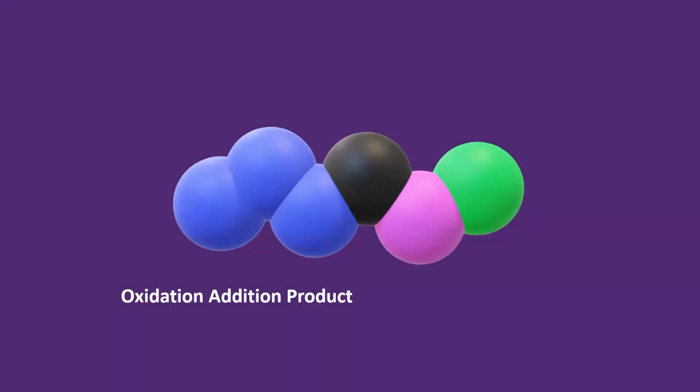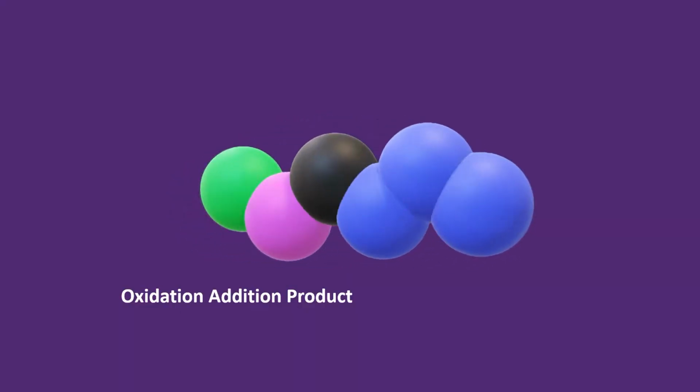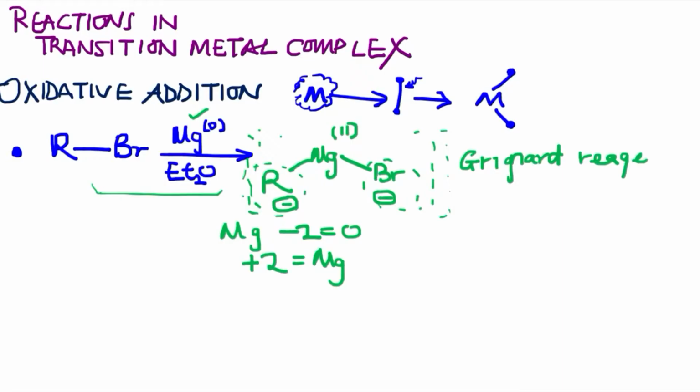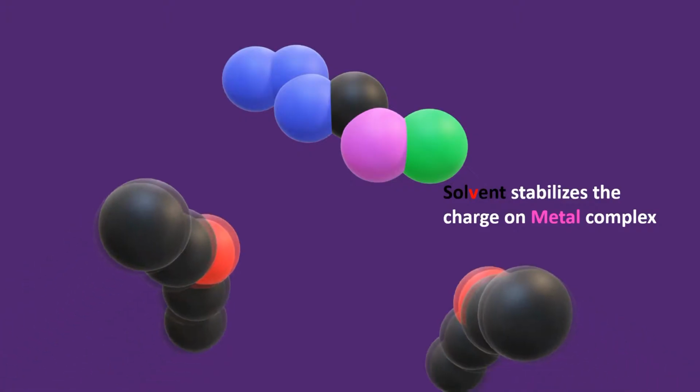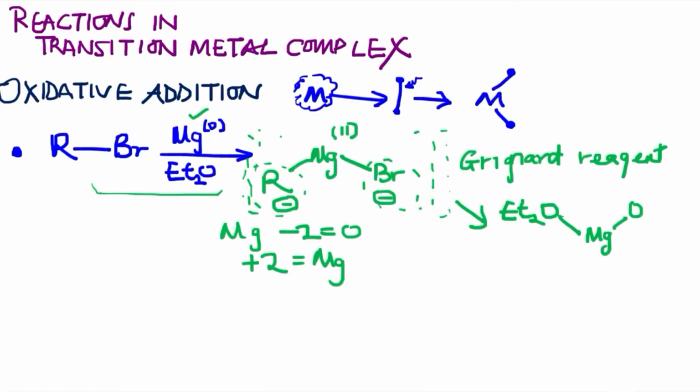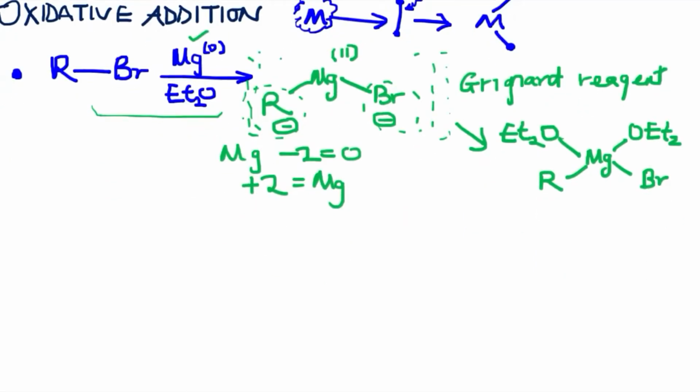This compound is known to be a Grignard reagent, and in solution, the ethers coordinate with it, but the overall charge is still +2 because ethers don't have any charge when they are standing alone. So that's about it for this part of oxidative addition.